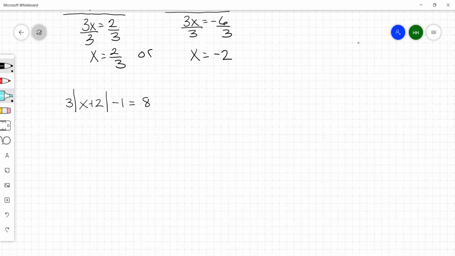Now we're going to isolate this absolute value symbol. We're going to start off by adding 1 to each side. So on the left side, we get 3 times the absolute value of x plus 2 equal to 9.